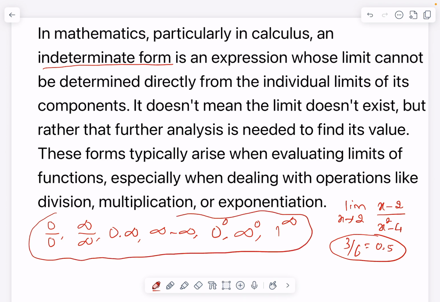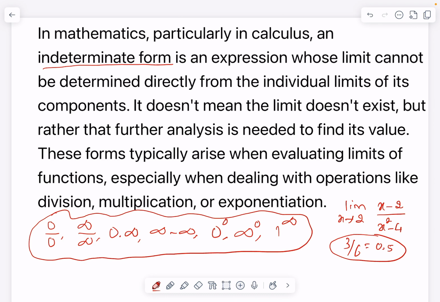So these are the indeterminate forms: 0 by 0, infinity by infinity, 0 into infinity, infinity minus infinity, 0 raised to 0, infinity raised to 0, 1 raised to infinity. So these are all indeterminate forms.